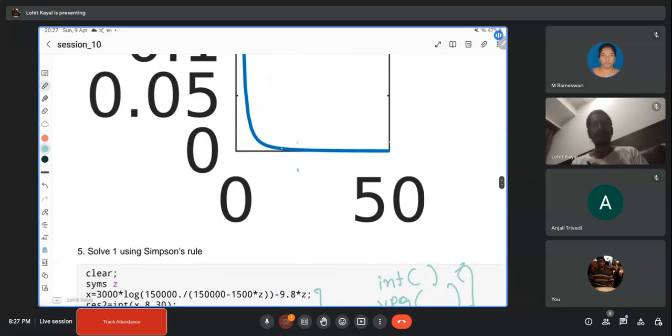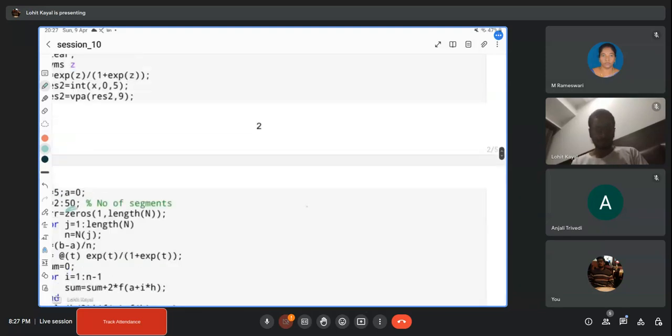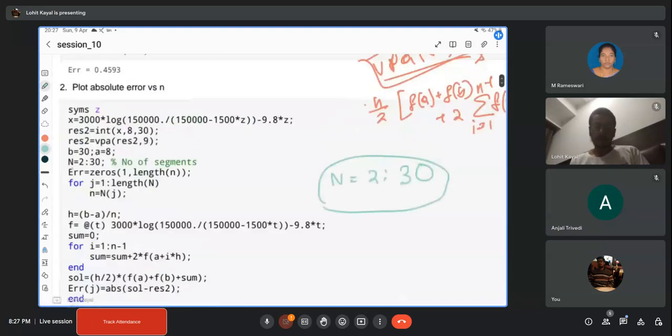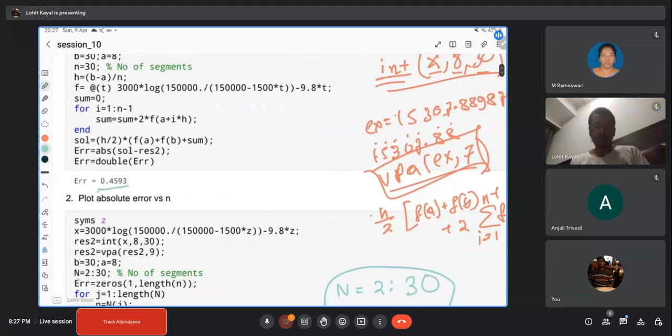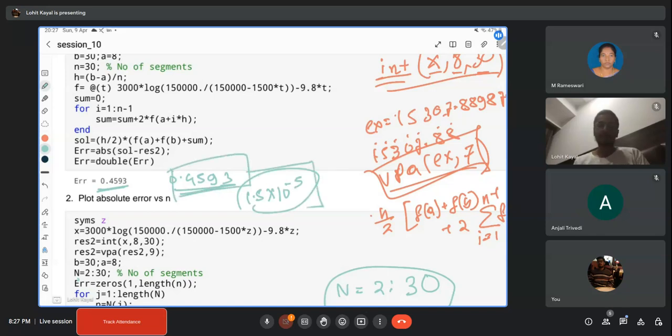For the same problem and same interval, the trapezoidal rule gives me an error of 0.4593, and Simpson's rule gives you 1.5 into 10 to the power minus 5. So you can see that this error is sufficiently much larger than this.